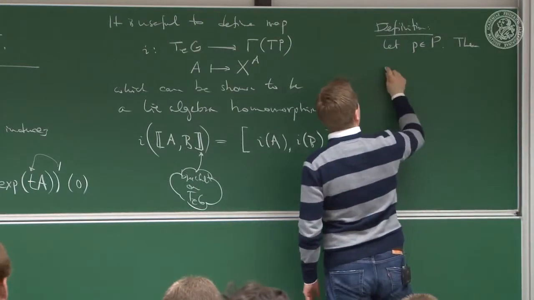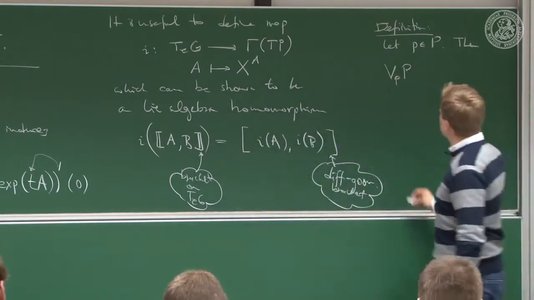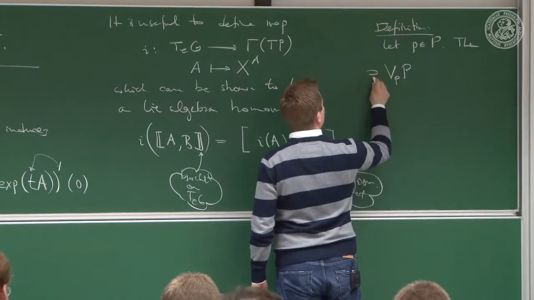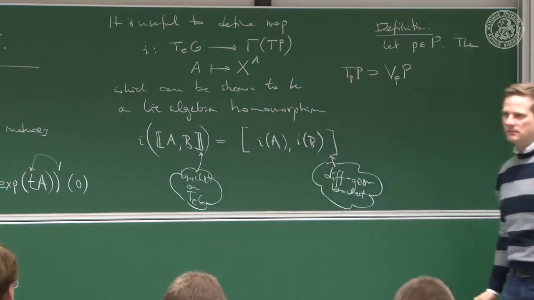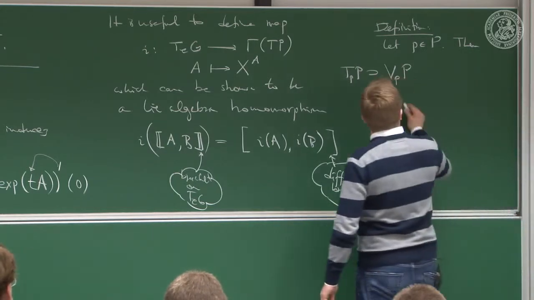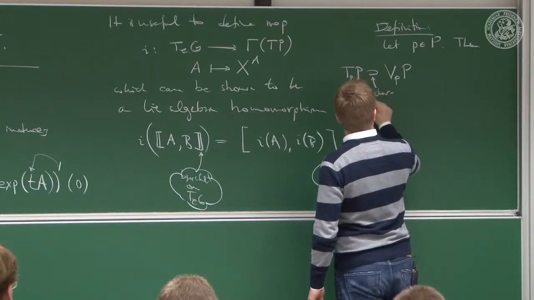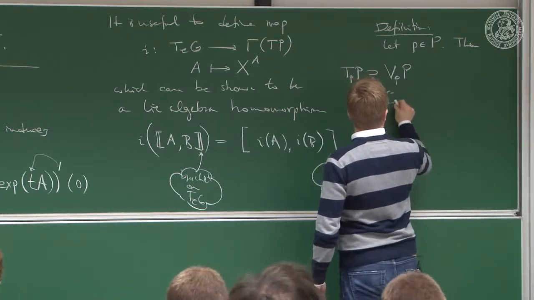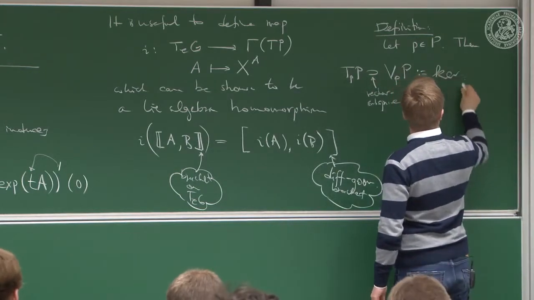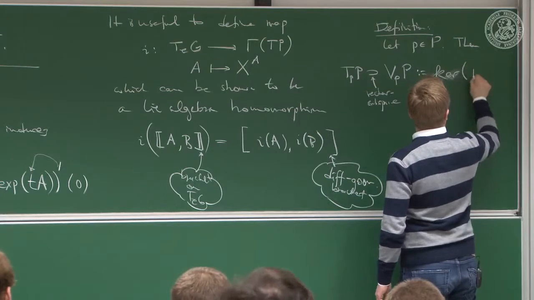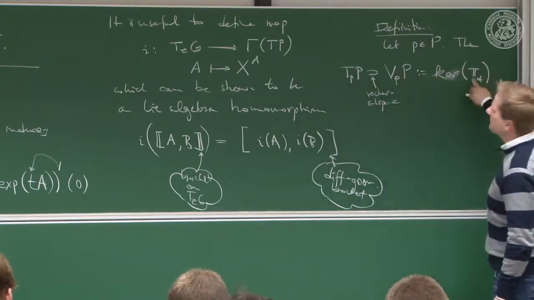Then we define the so-called vertical subspace at a point P, which is really a vector subspace of the tangent space at P. So this is supposed to be a vector subspace, not only a subset. We define this to be the kernel of the push forward of the projection pi, which is the bundle projection.